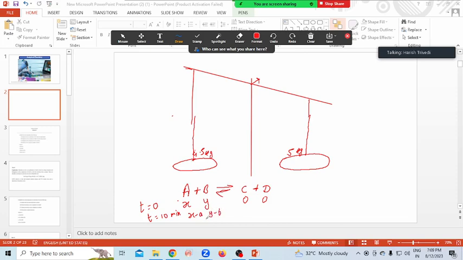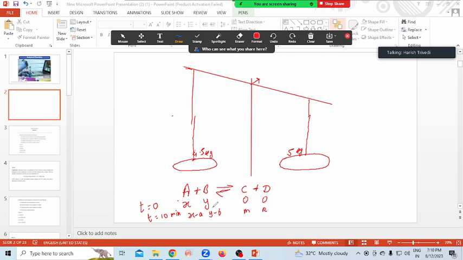It means some reactant reacts together and makes some product. Suppose it is M and N concentration. For understanding only, the reaction is happening like that.